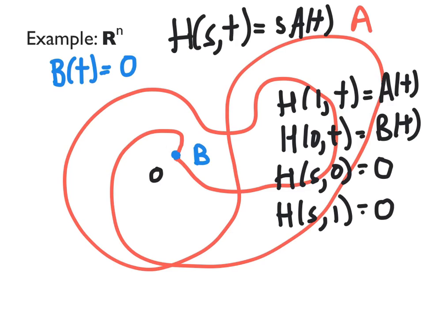Right, if I just substitute in 0 in this expression up here, a of 0 is 0, a of 1 is 0, so these two boundary conditions, hs of 0 is 0 and hs of 1 is 0, are satisfied. This proves any loop in Rn is homotopic to the constant loop. So this says the fundamental group of Rn, which is the group of all loops considered up to homotopy, is just the trivial group. There's only one element, represented by, for example, the constant loop, but also by any other loop.